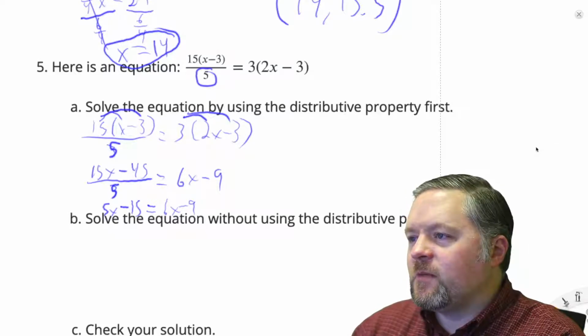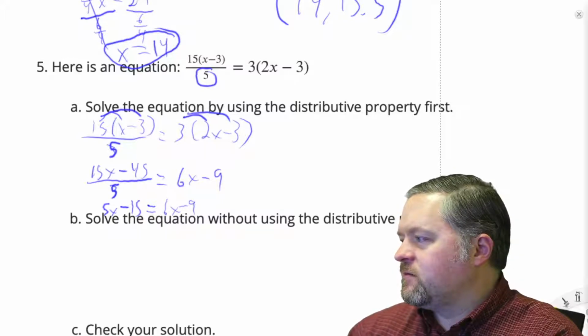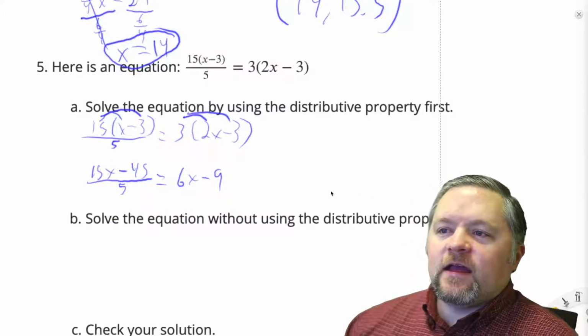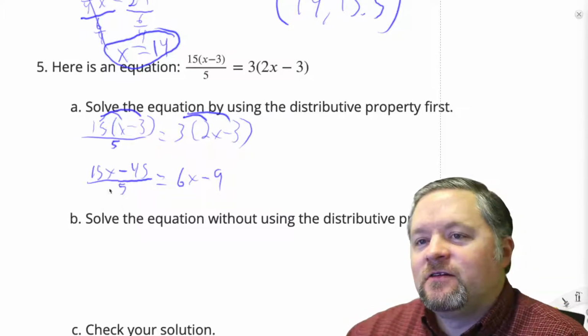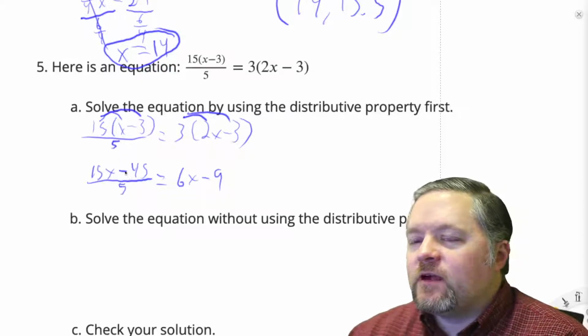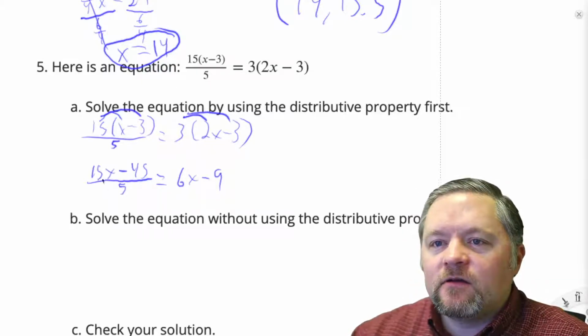I need to remember how to erase. Okay, I'm back. Sorry about that. Edited out some trash. I had 3 here. I changed it to 5 because I had copied the equation down wrong.